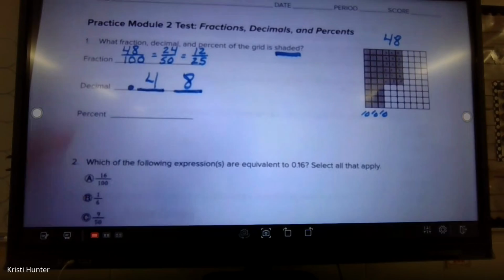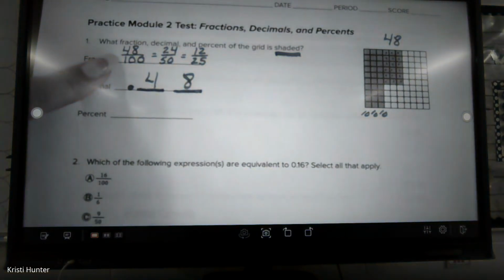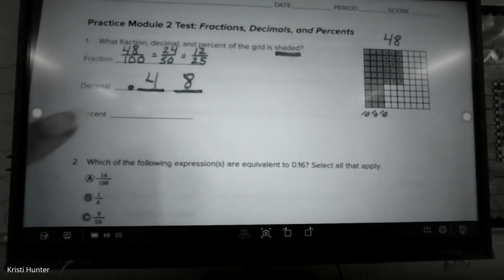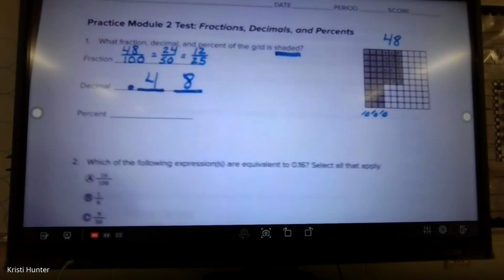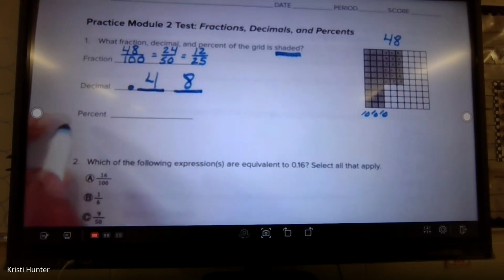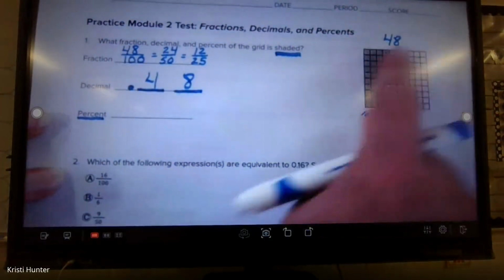So when I write 48 over 100 as a decimal, I get 0.48.